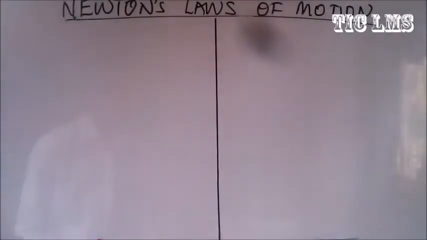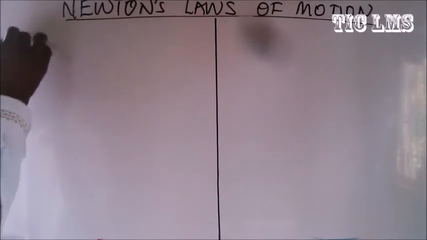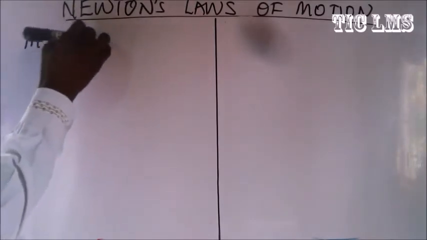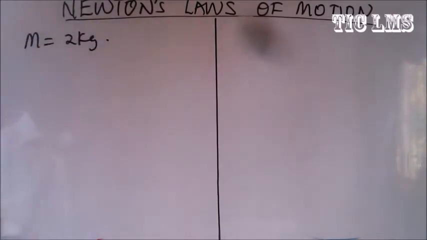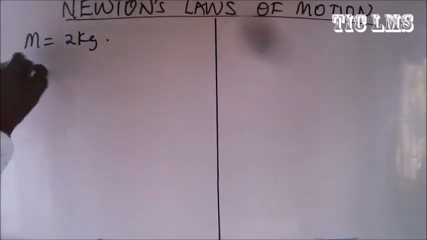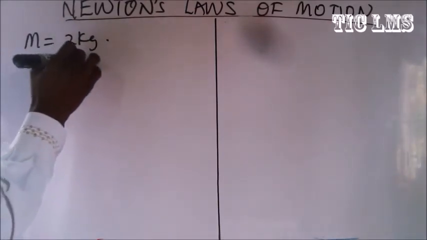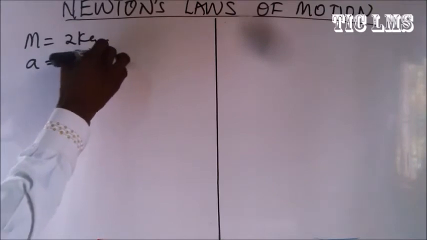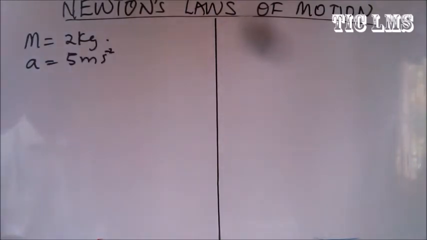Okay, so in this question, we're told that we have a body which has a mass of 2 kg undergoing horizontal acceleration, which is 5 meters per second squared. Now we have to calculate the resultant horizontal force acting on the body.